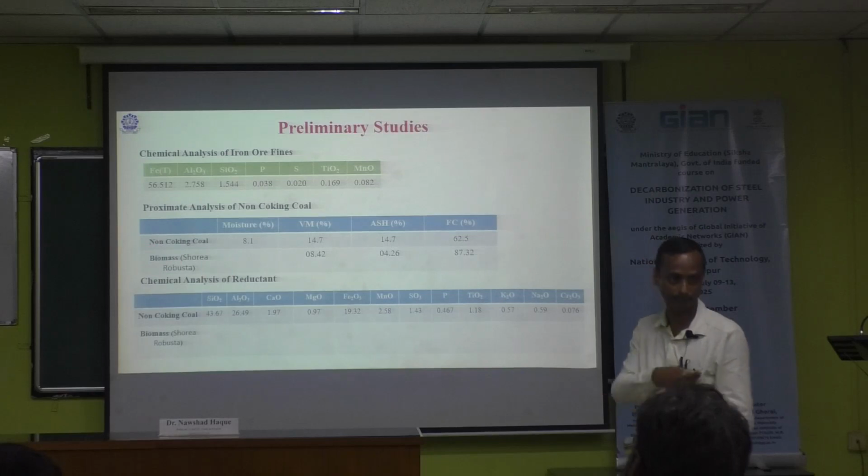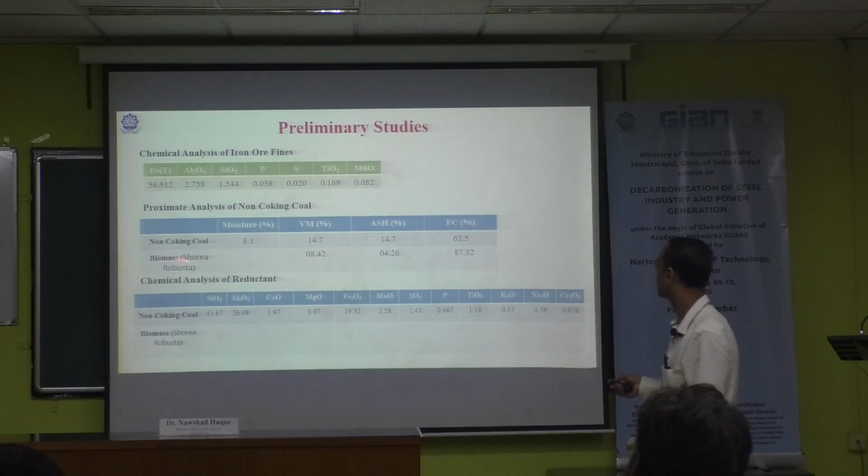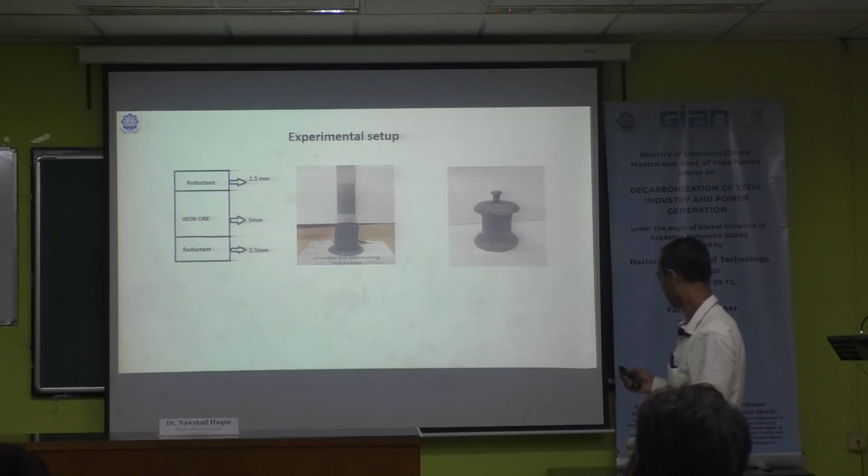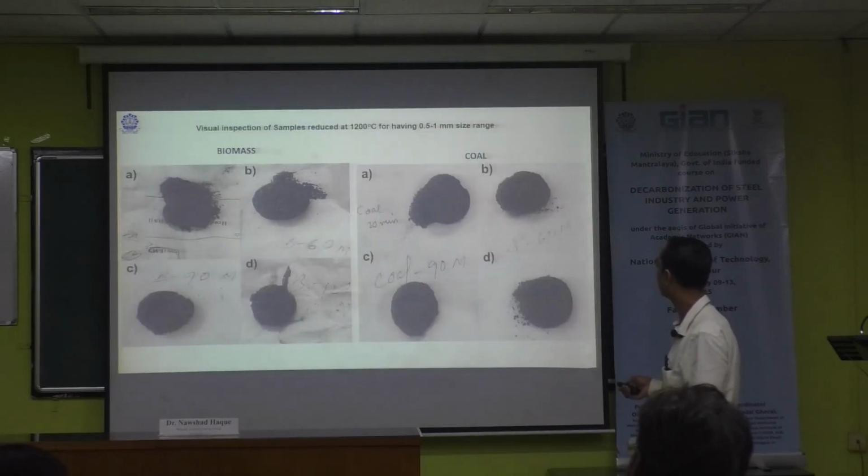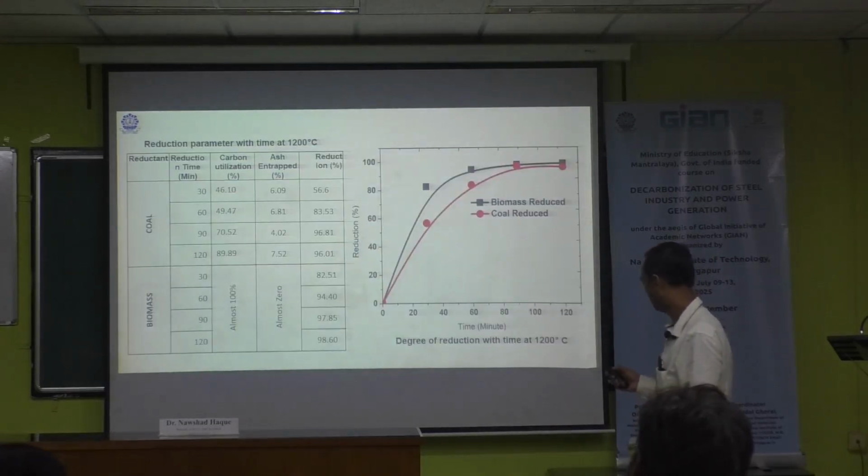Shorea robusta is sal, because this is a sal area. Shorea robusta is the major species. Then what he has done is a sandwich layer here, and you can see the reduction time at different temperatures. It means particular and different reduction times.